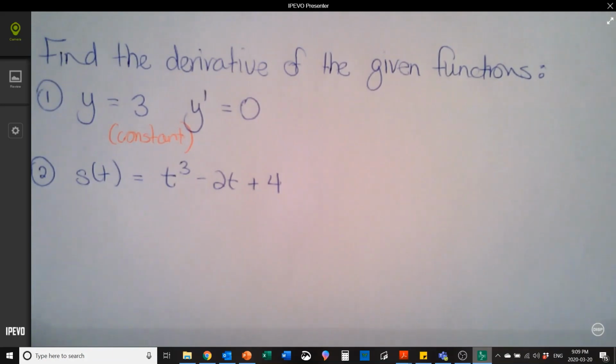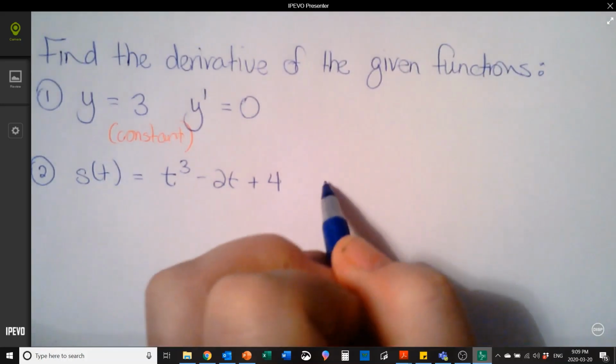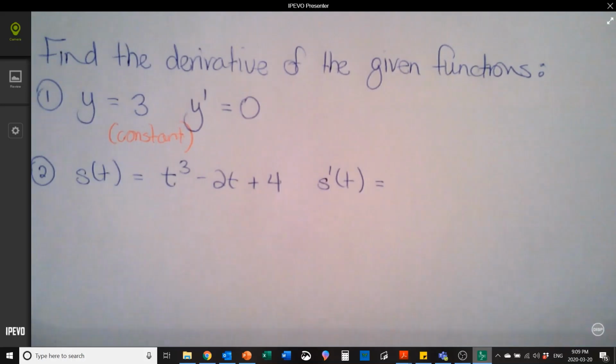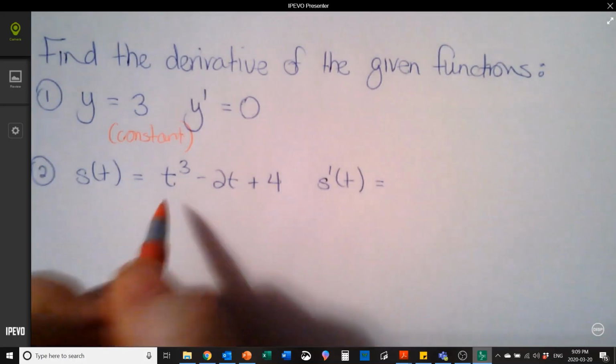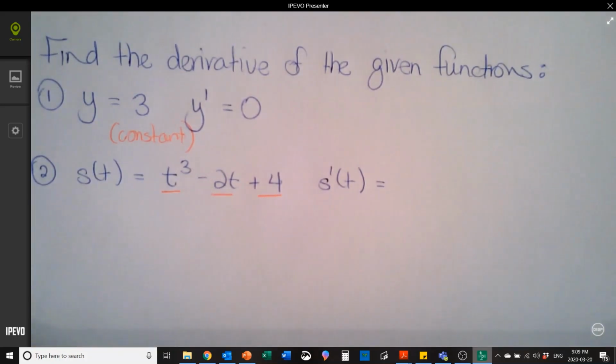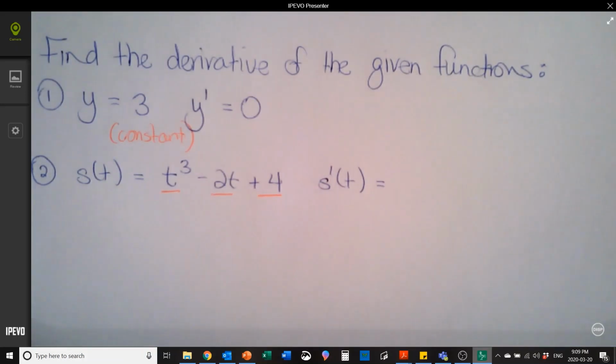S at t. So I've got a function here that's in terms of t. I'm looking for s prime. So my derivative in this case is built off 3 terms. I see polynomial, I see adding, subtracting, I see power rule. These all would work here.